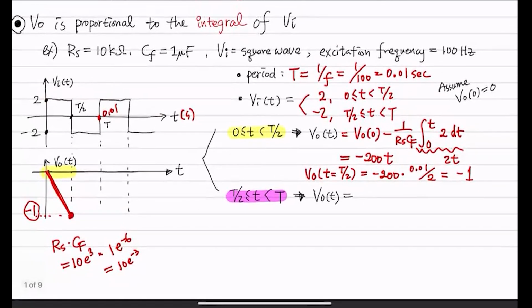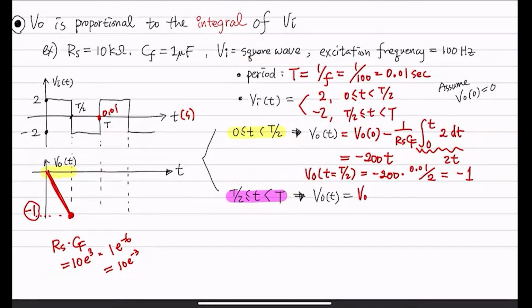Okay, so we just found how your output voltage is going to look if you had a square wave going in, and it's only for this time period. Then how about we find it for the next time period, which is from t over 2 up to t.